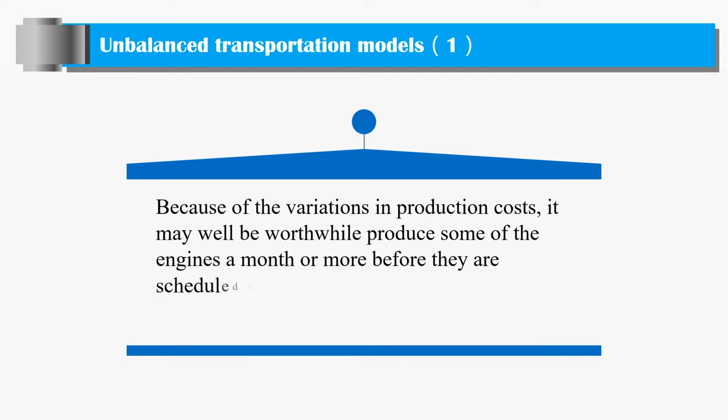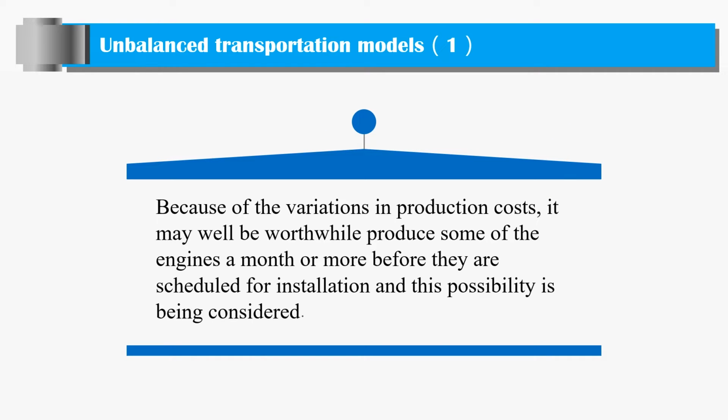Because of the variation in production costs, it may well be worthwhile to produce some of the engines a month or more before they are scheduled for installation, and this possibility is being considered.